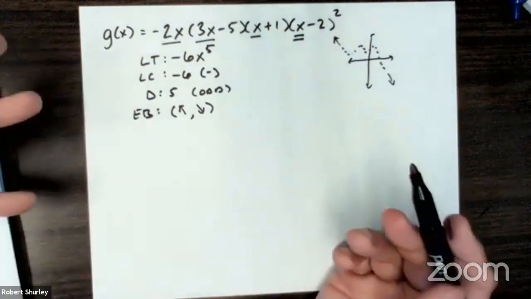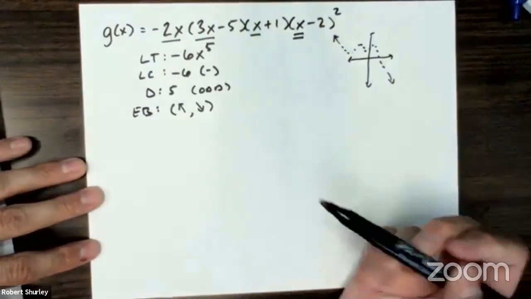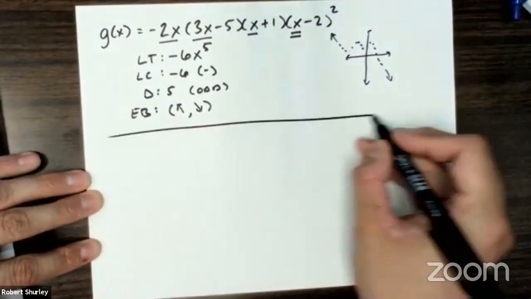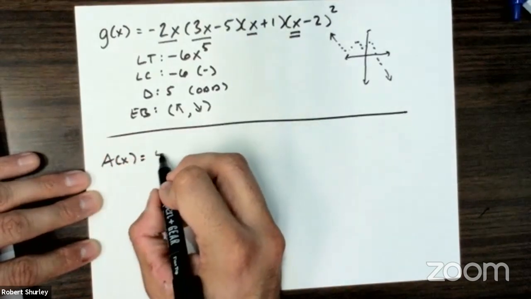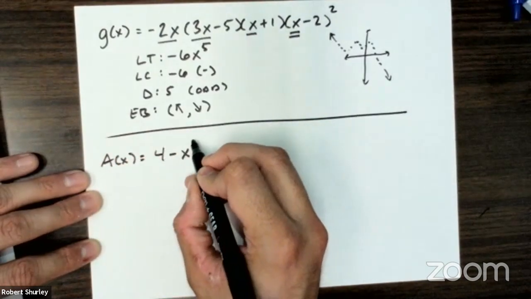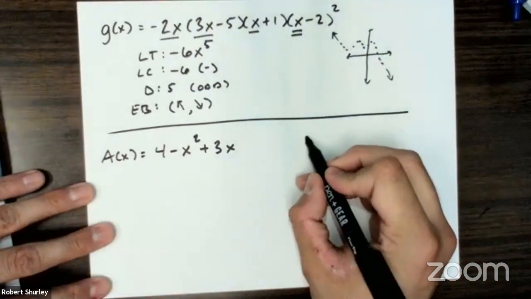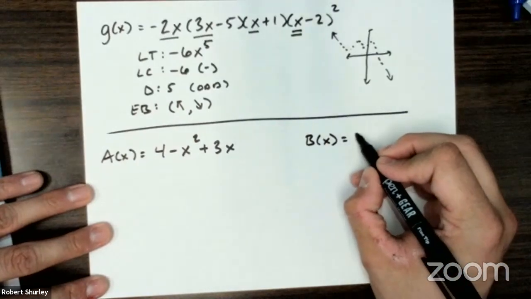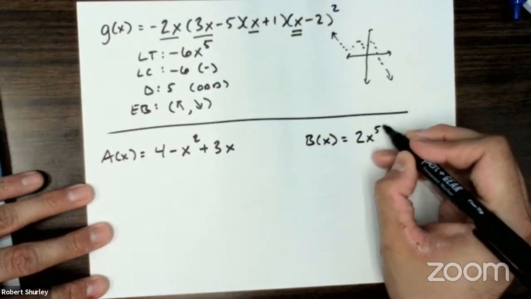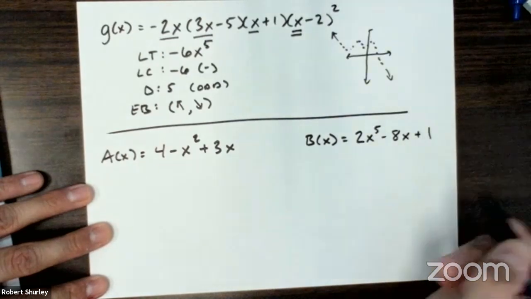Okay, I'm going to give you a few examples, and all I want you to tell me is the end behavior. Remember, it comes from the leading term. So let's say we've got a of x equals 4 minus x squared plus 3x. B of x equals 2x to the 5th minus 8x plus 1.